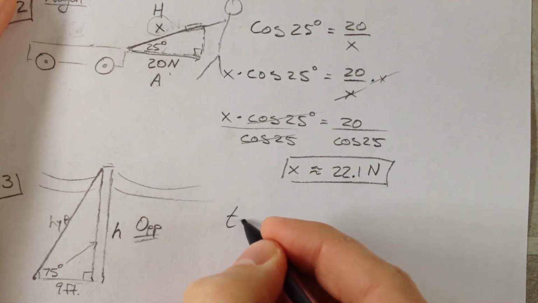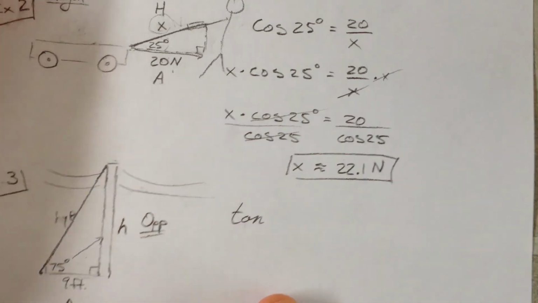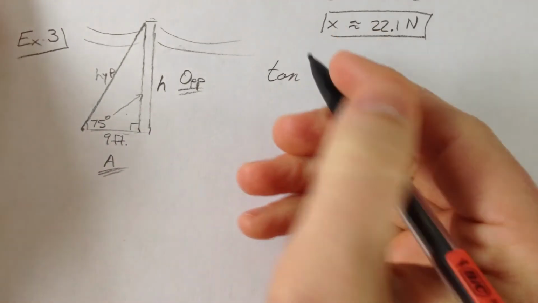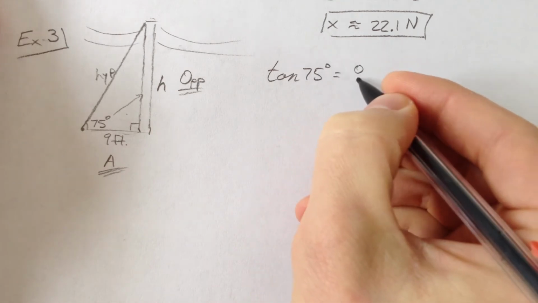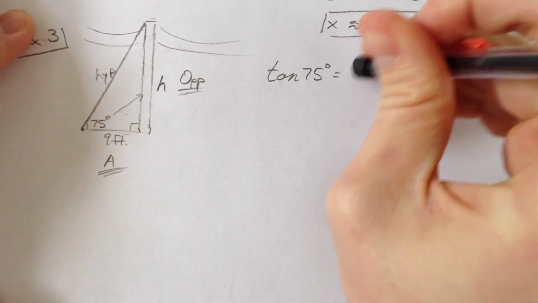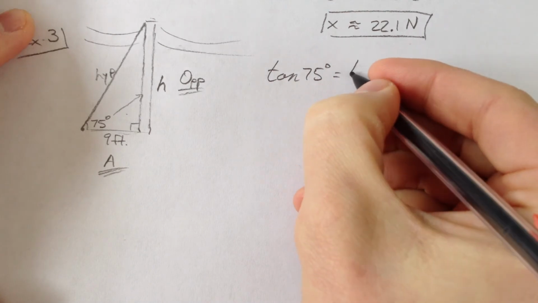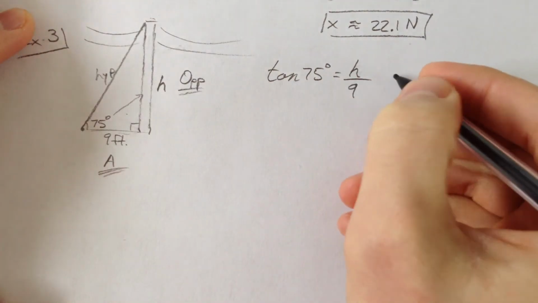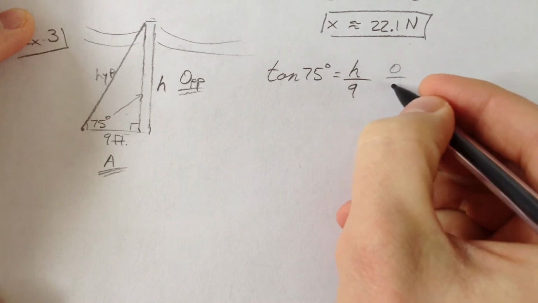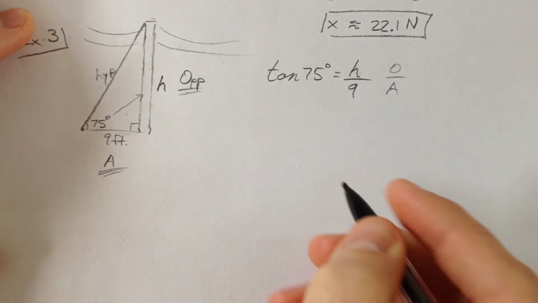So tangent of the angle 75 is opposite over adjacent. And so I'm going to put x, and sorry, this is h in this case. So we made it h over 9. So that's opposite over adjacent.